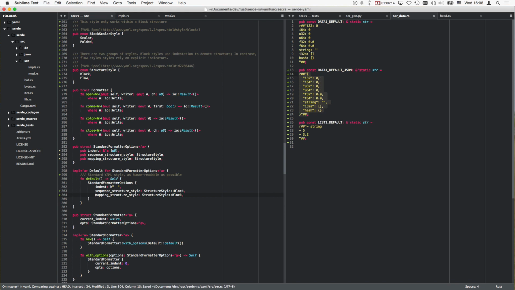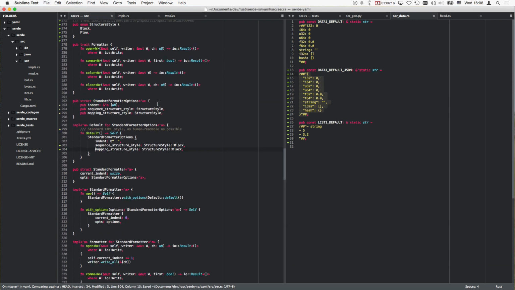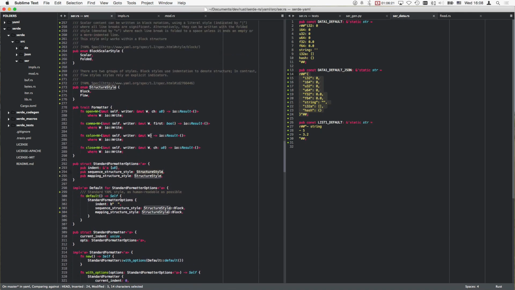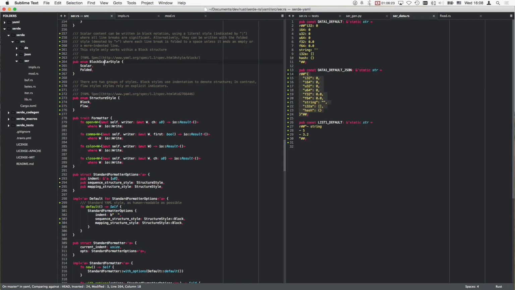Good, so that is that. I think this is how that can work. And then we should have a block scalar style, which is only used if we use the block structure style and things like that.